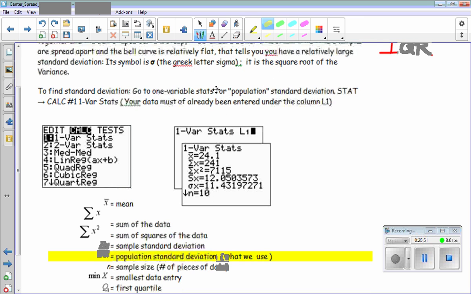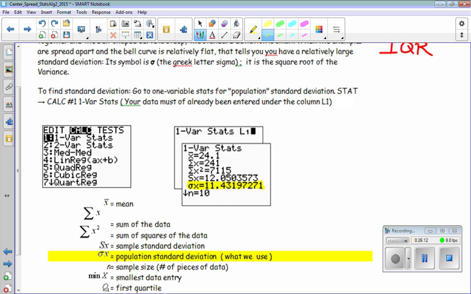If you look back up, the number for standard deviation that we're going to use, and you want to highlight this number, is this σx. It looks like an O, but it's a lowercase sigma with a little tail at the top right. If you flip back to where we were before, that is the standard deviation that we're going to use.